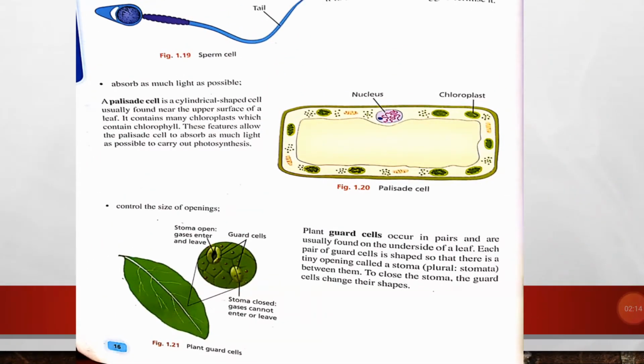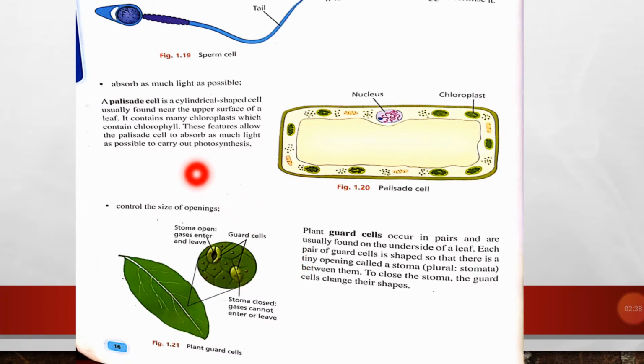I am going to explain it by comparing the palisade cell with the guard cell. Palisade cells are present near the upper surface of the leaf, but the guard cells are found on the underside of the leaf.